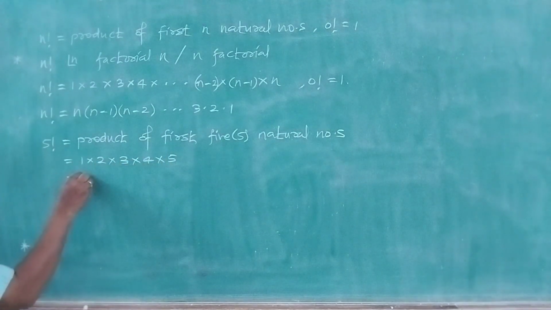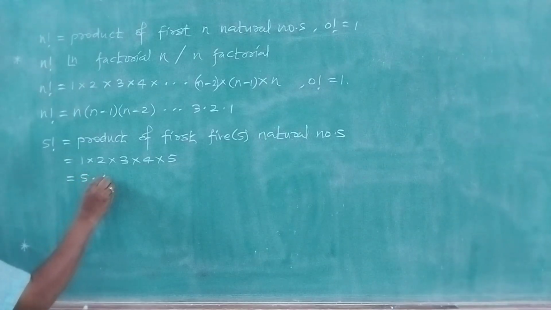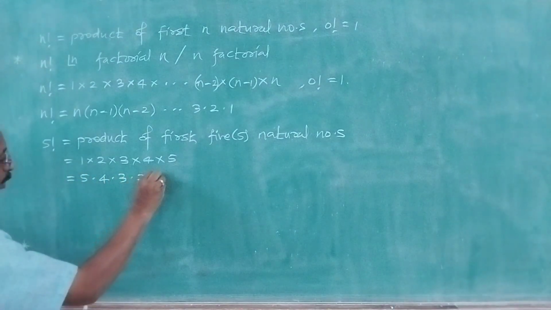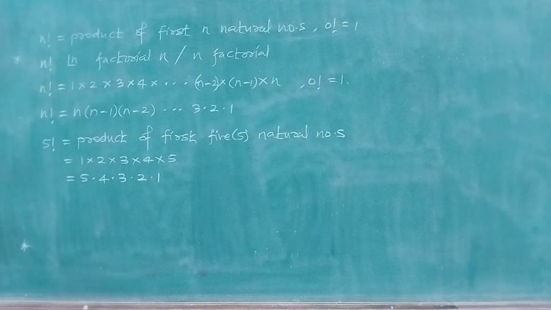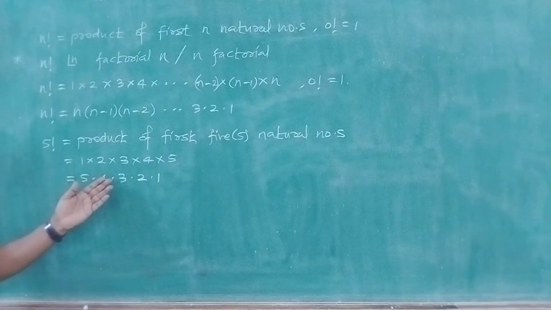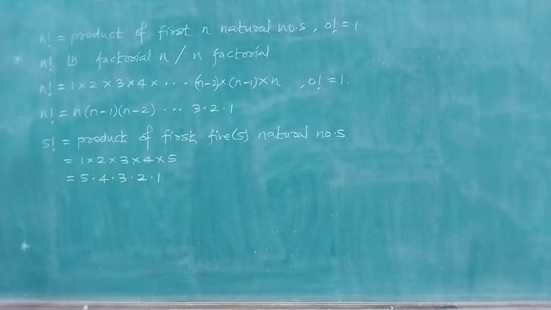For simplicity, we write it as 5 into 4 into 3 into 2 into 1. 5 fours are 20, into 3 into 2 into 1 means 20 into 6, it is 120.